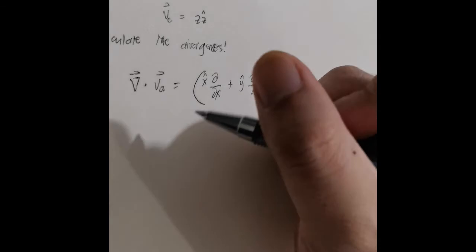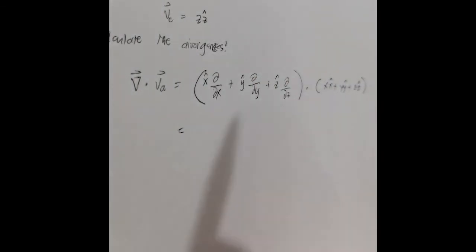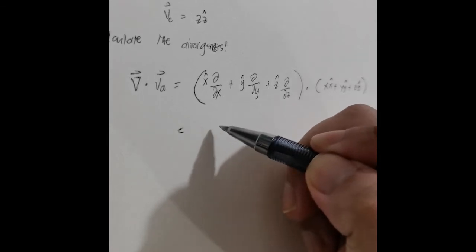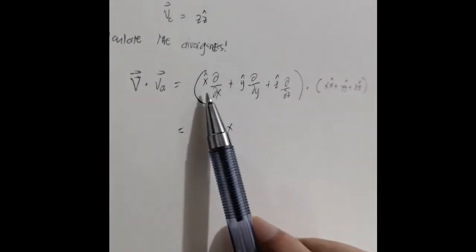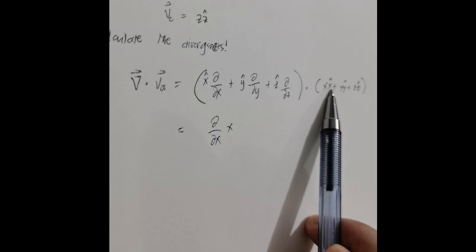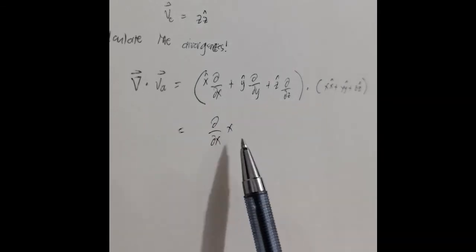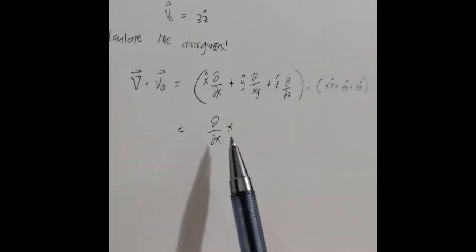So we have partial of x, then x hat dot x hat is just equal to 1, because after all the dot product of two vectors is just a scalar quantity.